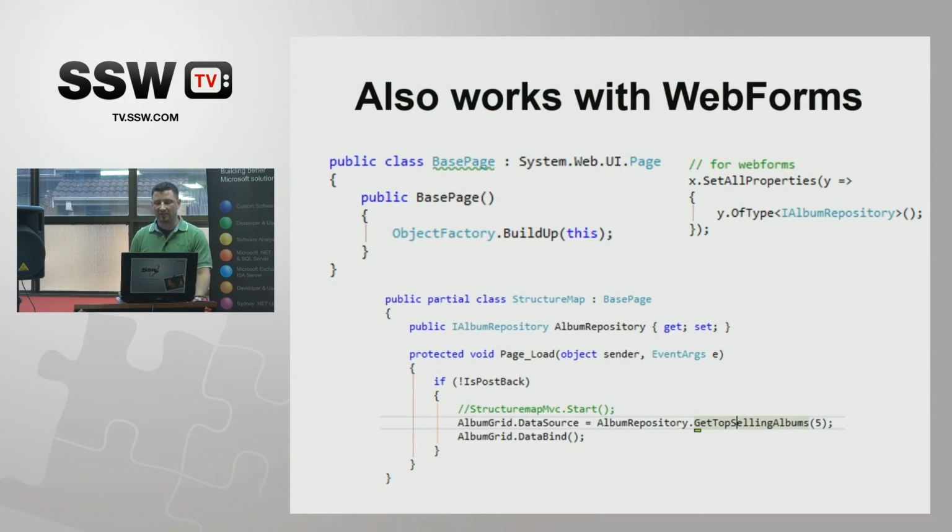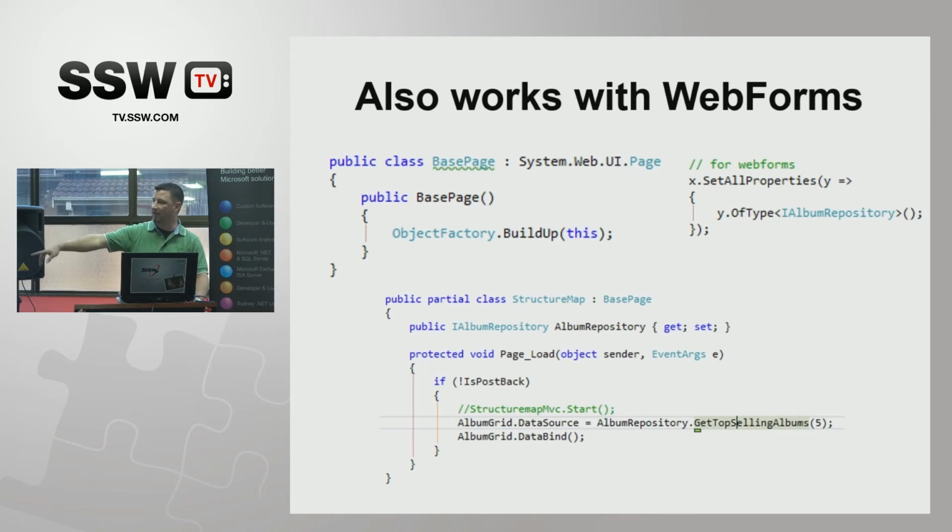You can also use the strategy pattern with web forms, which I'll talk about in just a moment. But this is an example using StructureMap, where you can add a base page class, which in web forms I think is a best practice. In the constructor, you can say build up this page. Then in your startup script for your IOC container, you can tell it which properties it should set. And so here I'm saying set all properties of type IAlbumRepository.